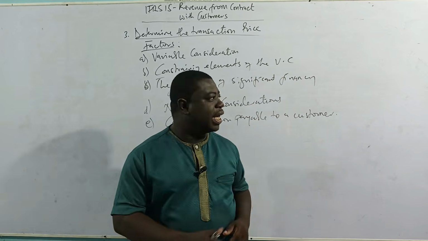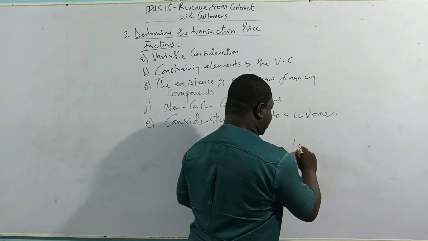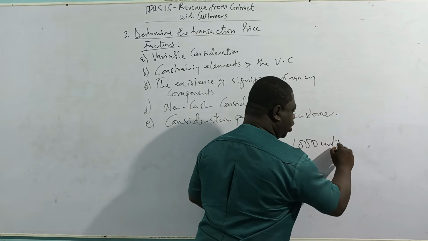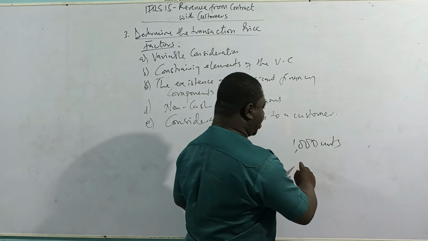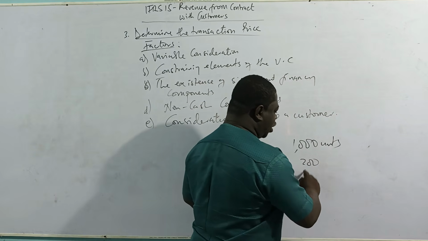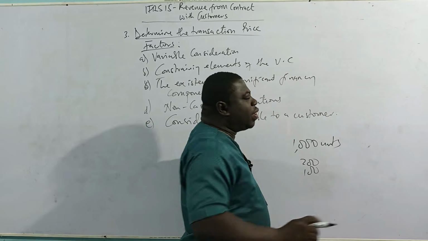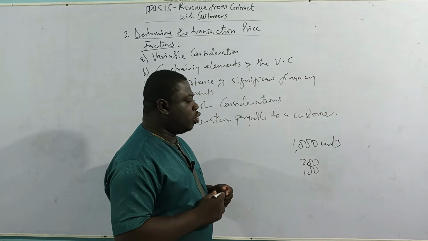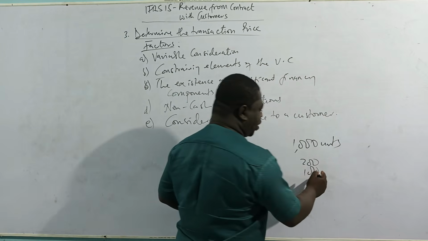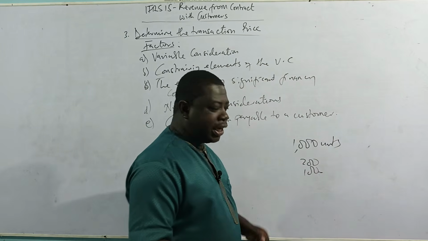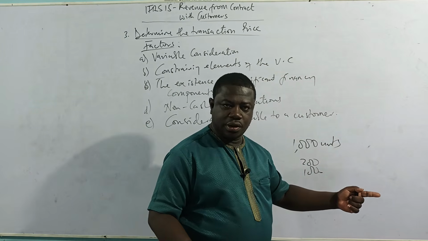So what it means is that if you deliver 1,000 units of the commodity, there is a likelihood that within the first 6 months, the customer can return like 200 or 100 units. You cannot determine. Okay, so if this happens, and you know that it's in the contract that once those quantities are returned, there will be a refund of the money.